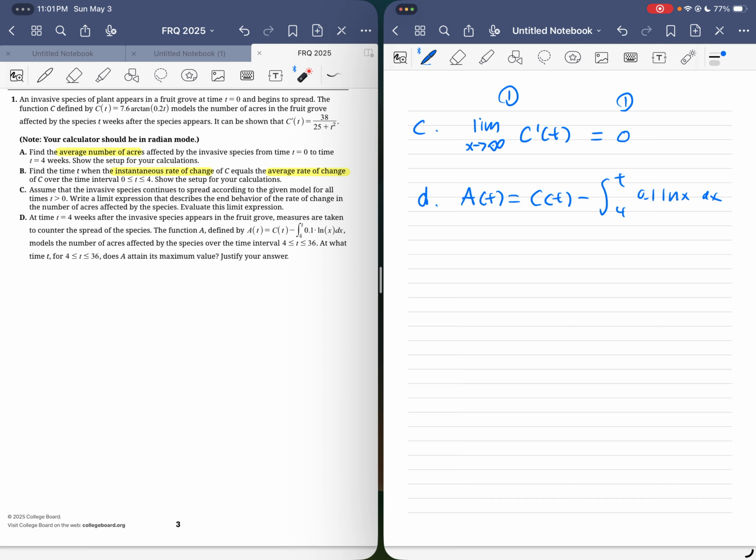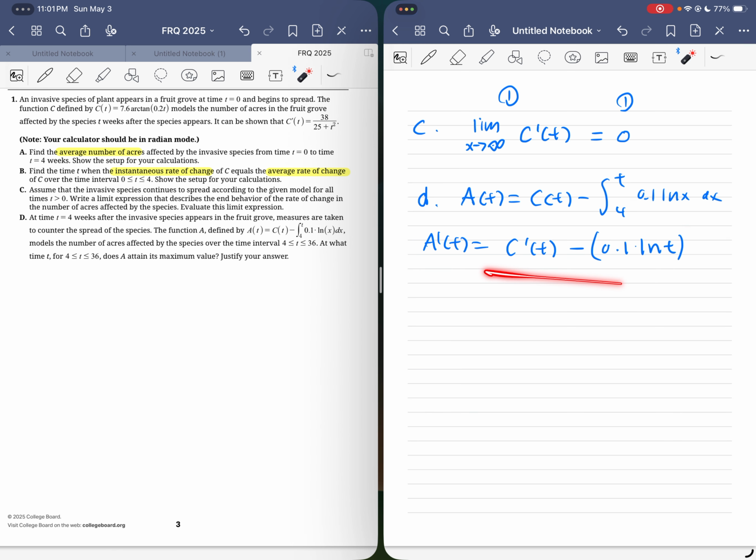So when you take a derivative, it's going to be the same thing as C prime of t minus the derivative, and the antiderivative and derivative undo each other. So this one will just become 0.1 times natural log of t. Just make sure you put parentheses. Times the derivative of t, which is 1, but we don't really care about that.